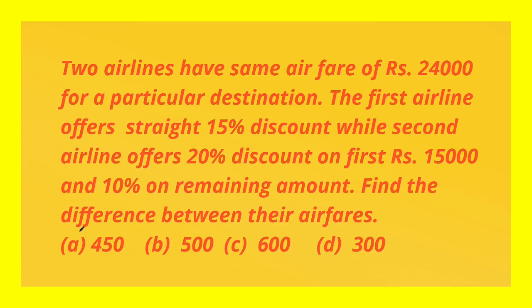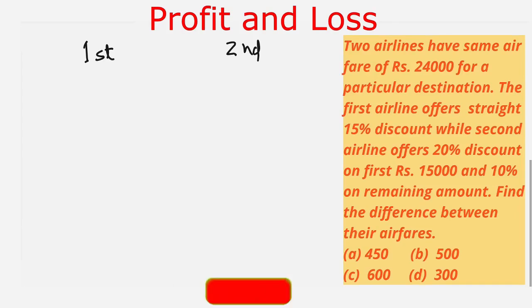Find the difference between their airfares. Our options are option A 450, option B 500, option C 600, option D 300. We solve the question like this.